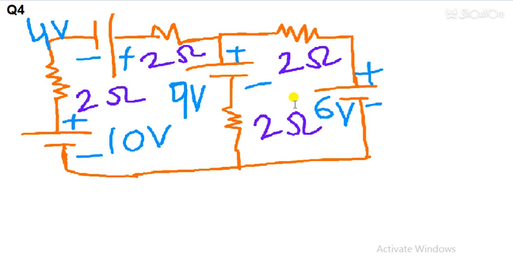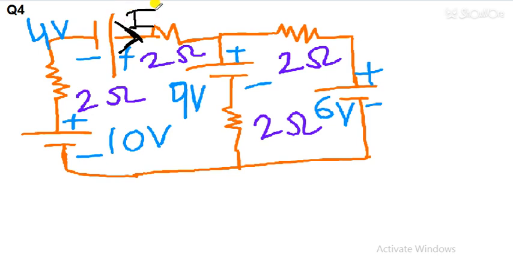Now students, you can see here the current direction is not given, only batteries are given, so I will assume the currents are moving in the positive direction. I assume that current I1 is flowing in this direction because two positive batteries are there.